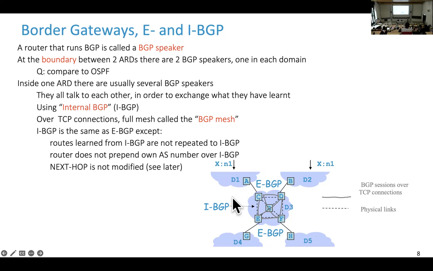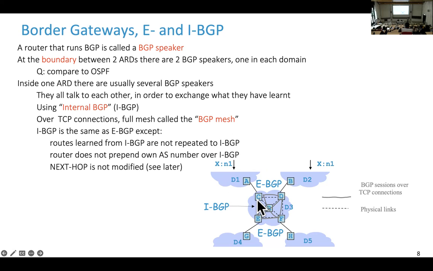The way that BGP routers speak is by establishing TCP connections. So when router C becomes alive, it must know what other BGP peers, what other BGP routers are in this area. That we could do manually.